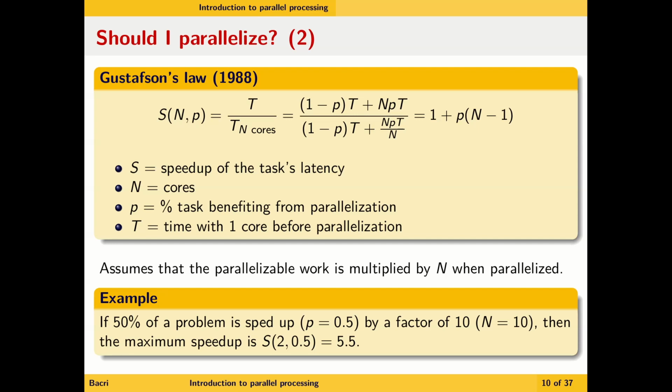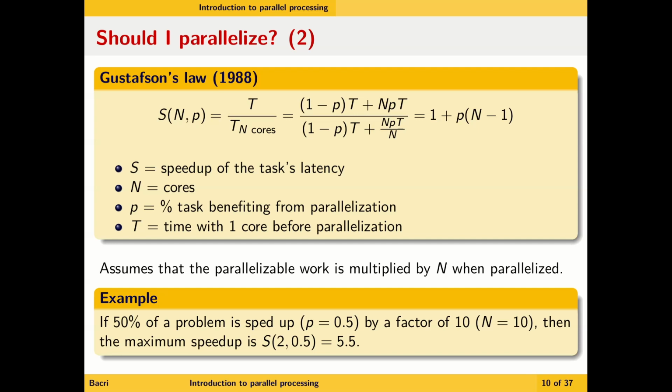Gustafson realized that empirically, when he had access to n cores, he multiplied the parallel workload by the same amount. So the end formula changes slightly, but the idea is really that the workload gets multiplied by a factor of n. In this example, the parallel workload would be multiplied by 10, and therefore the speedup is much more massive.